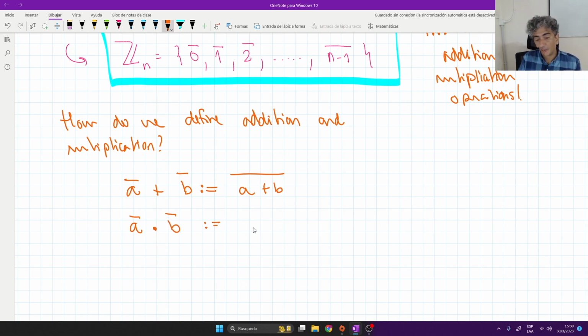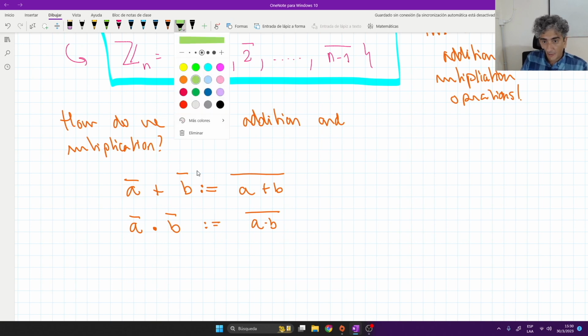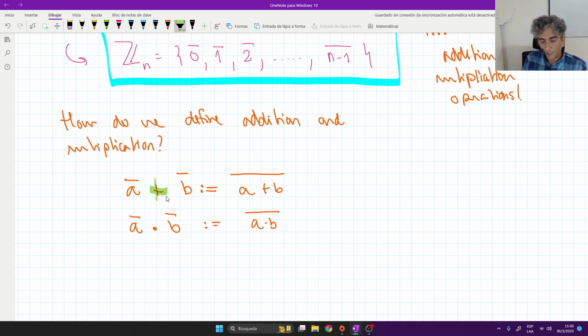Well, we're going to define it as A times B, and then we take classes. So it should be noted that this addition right here is addition that is performed in Z sub n, and this multiplication is also performed in this set.